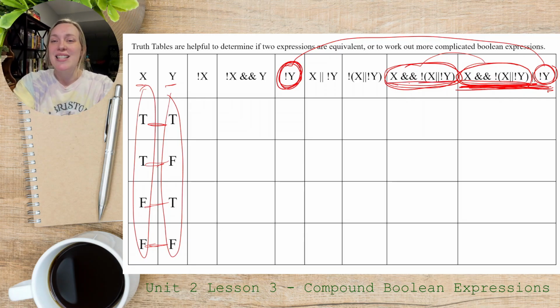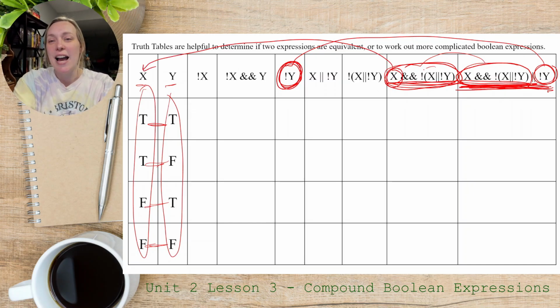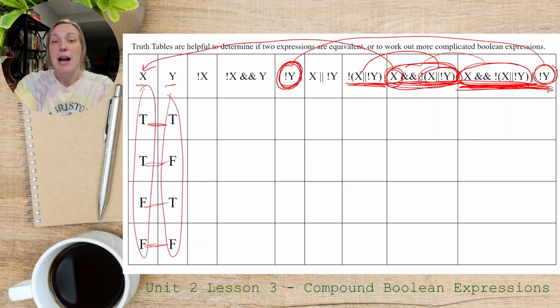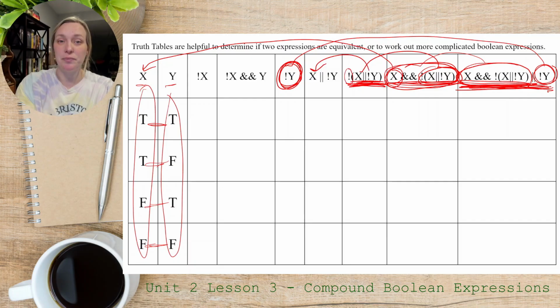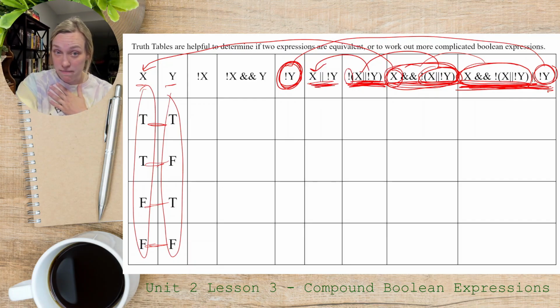Now I need to break down this statement a little bit more. I have just my regular X, which is right here. And I have this crazy expression, which I broke down right here. Now I'm going to break down this crazy expression, because this is a not in front of this expression. And this expression is right here. And then I'm going to break down this crazy expression.